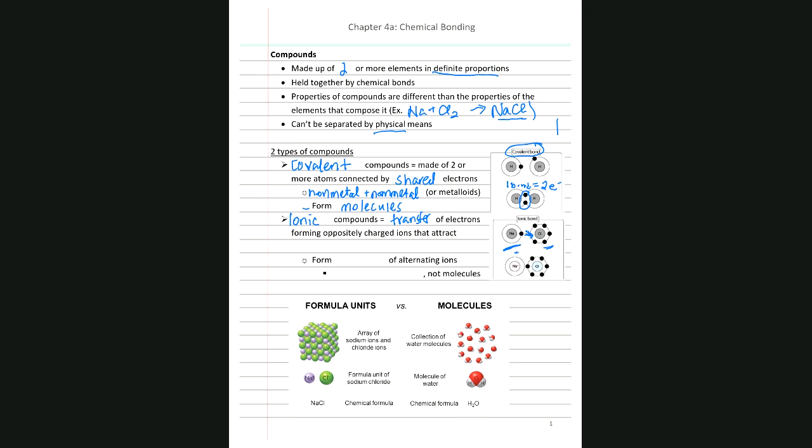It has a positive charge because it has lost an electron, and you have a chloride ion that has a negative charge because it's gained an electron, and now they are attracted to each other through their opposite charges, and that attraction is the ionic bond. Okay, so ionic compounds are generally composed of a metal and a nonmetal.